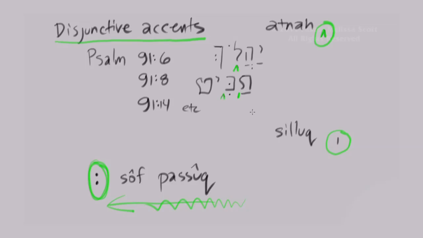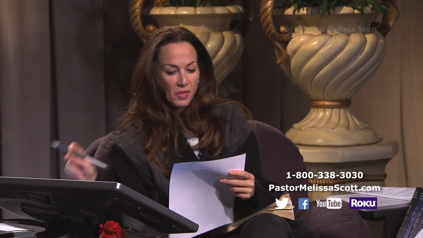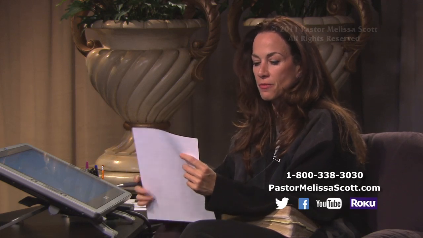Disjunctive, I just gave you the first line up here, these two, Athnach and Silluq. The Silluq is placed below the accented syllable of the last word. Listen to this. In the last half of the verse.